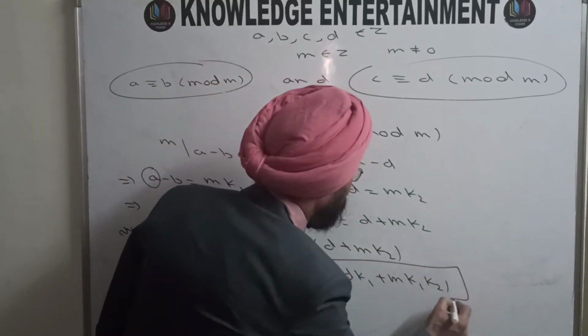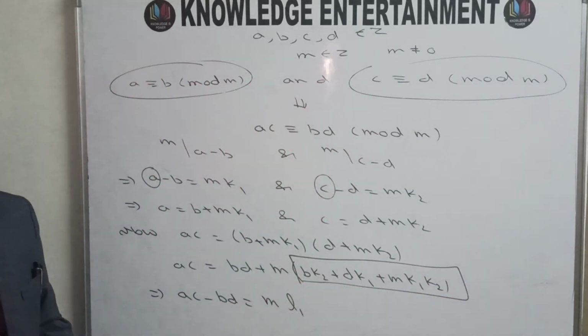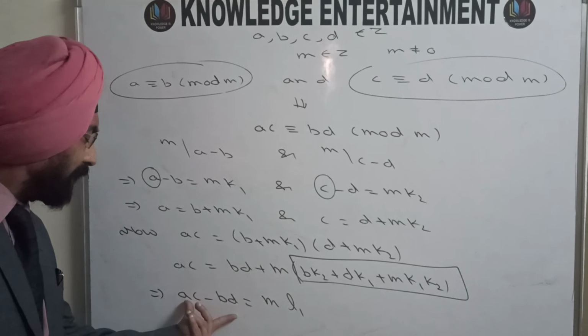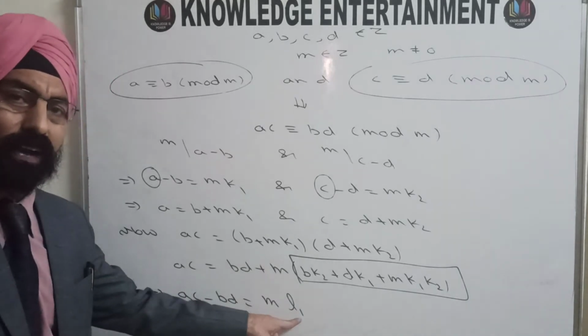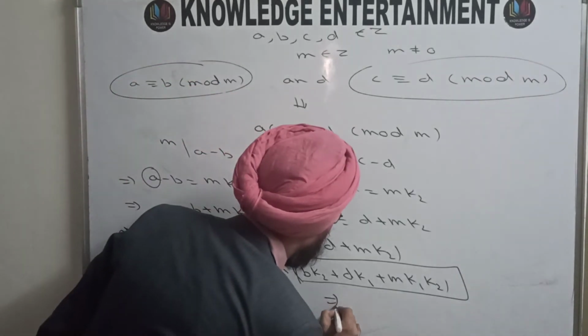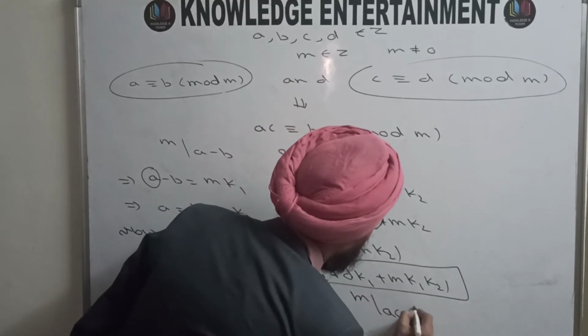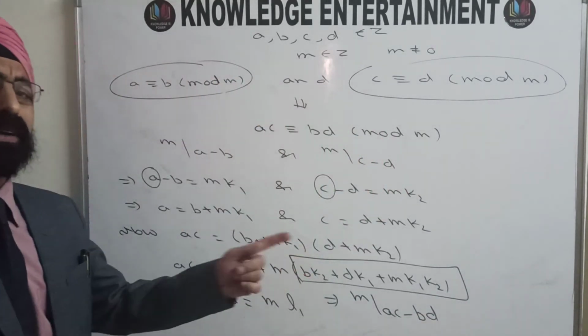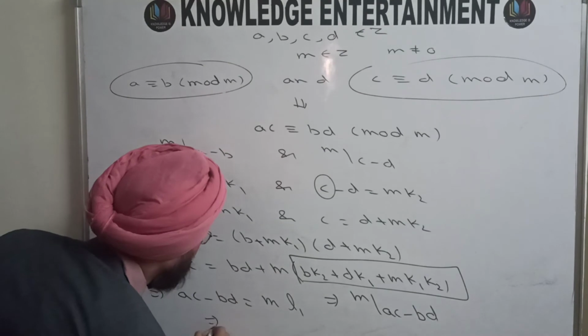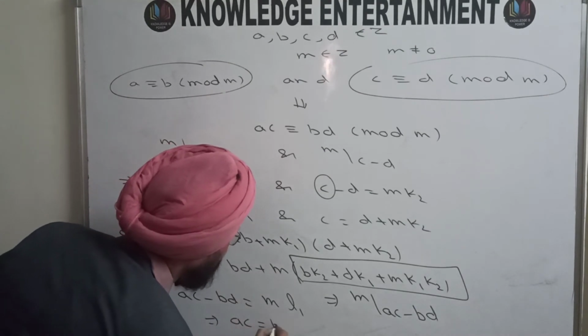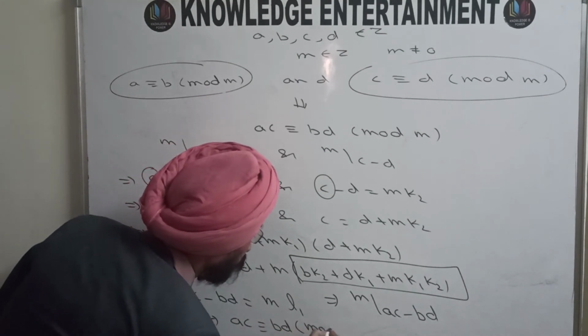This quantity I am renaming as L1. It is an integer. So AC minus BD is a multiple of M. That means M divides AC minus BD. And if M divides AC minus BD, then clearly by definition of congruences, AC is congruent to BD modulo M.